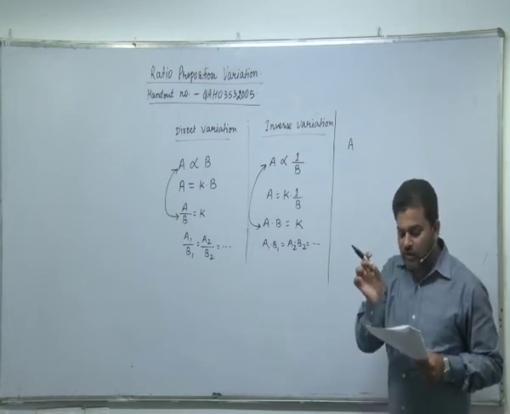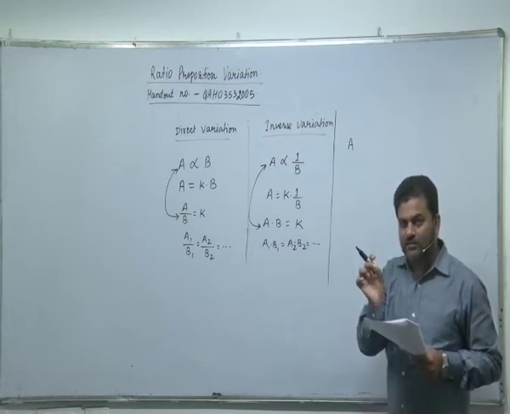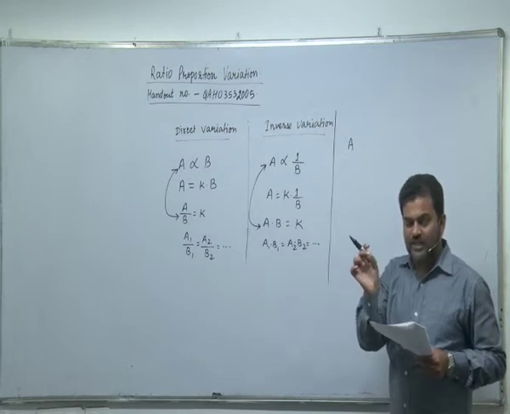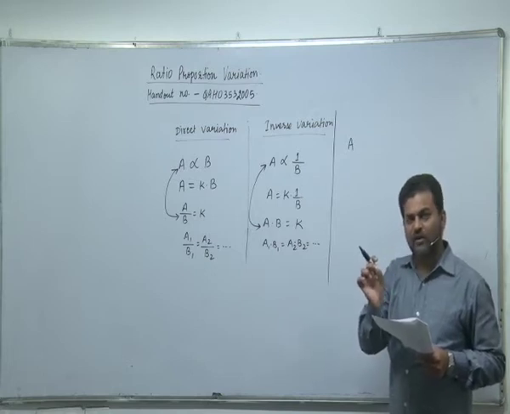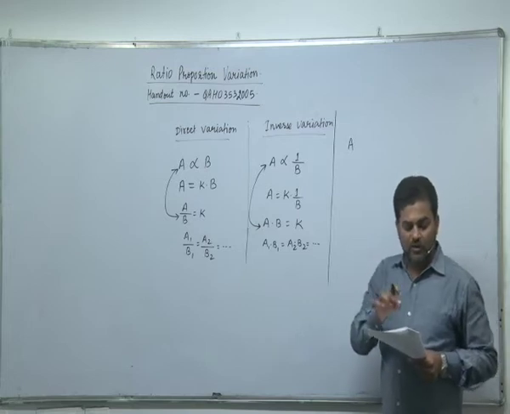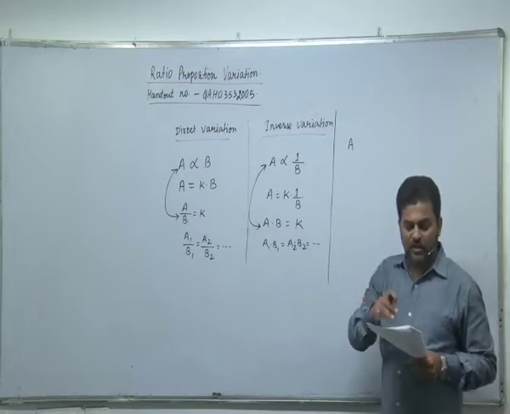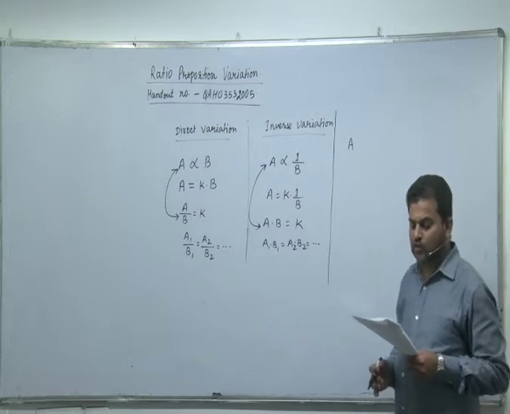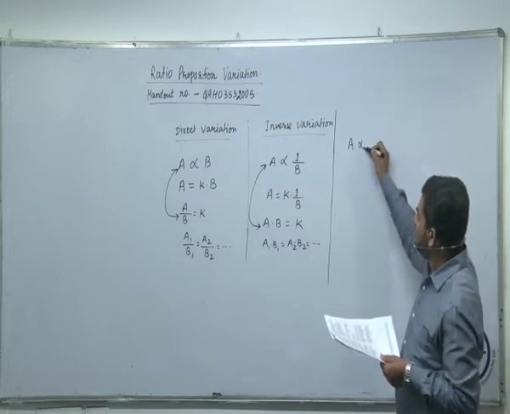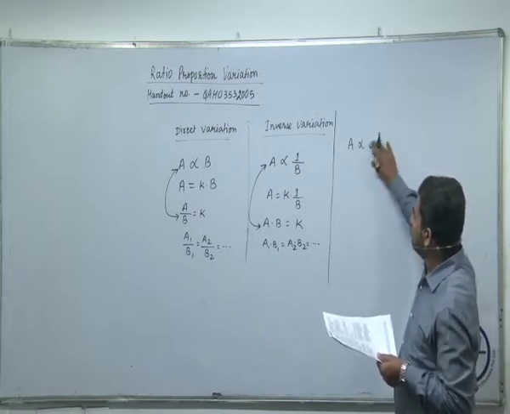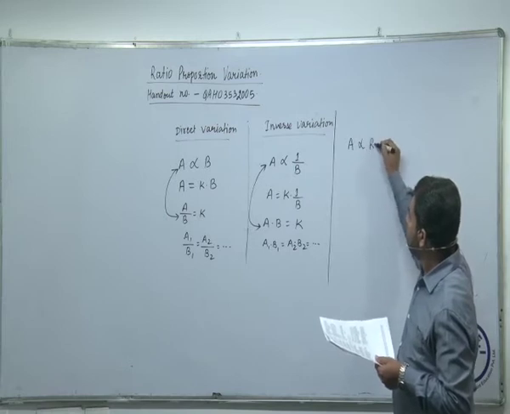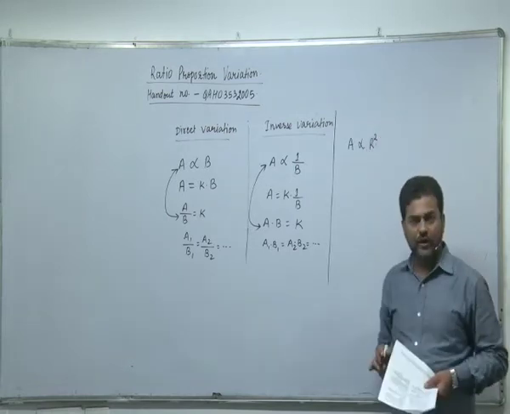Do you see the word direct or inverse in this question? No, right? So, what did I say? If no word is mentioned, by default it will be directly proportional. So the area of a circle varies directly as the square of the radius. Let us say the radius is R.